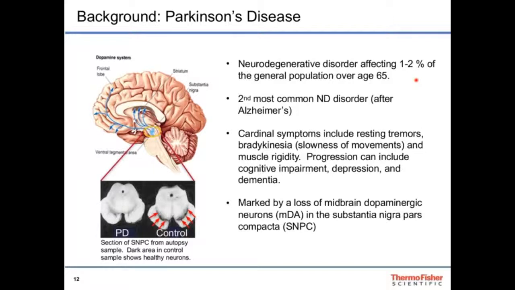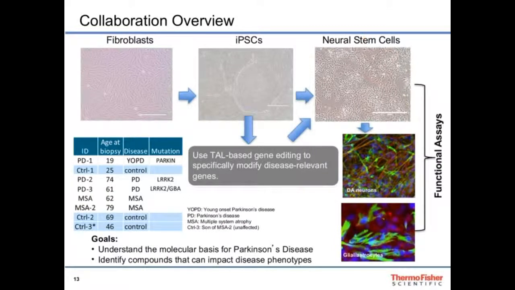It is the second most common neurodegenerative disease behind Alzheimer's. Essentially, the symptoms eventually lead to severe dementia, and it's marked by a loss of midbrain dopaminergic neurons. There is a wide span of symptoms whose mechanisms are not exactly understood, so our goal is to get a better understanding of this mechanism.